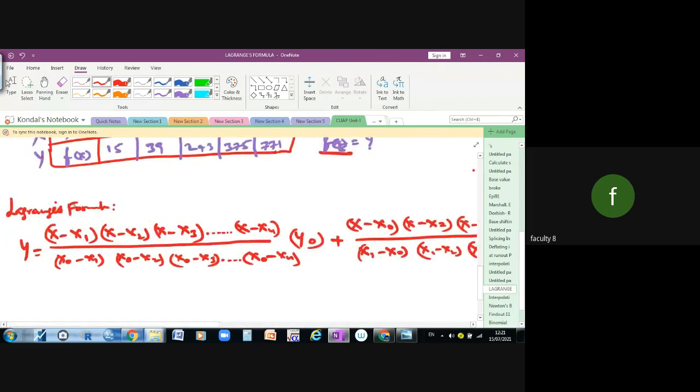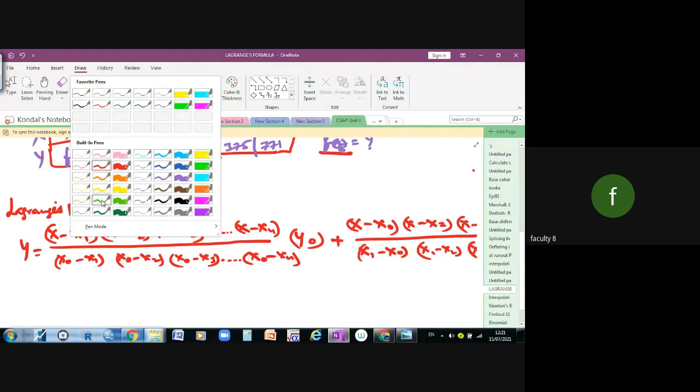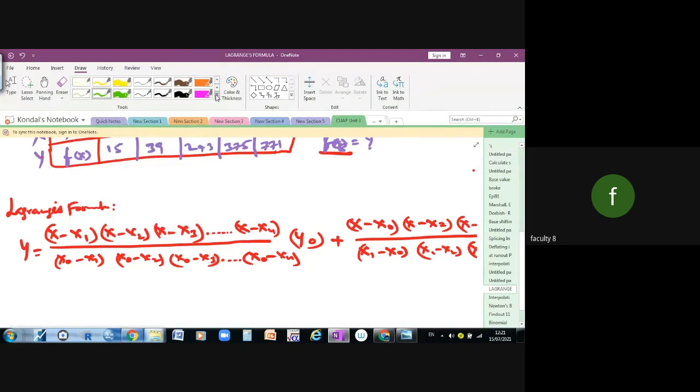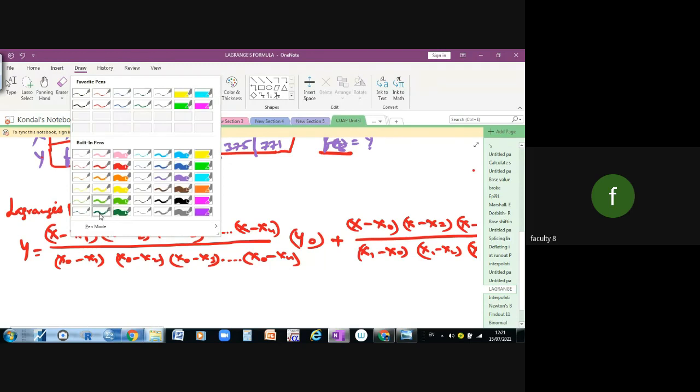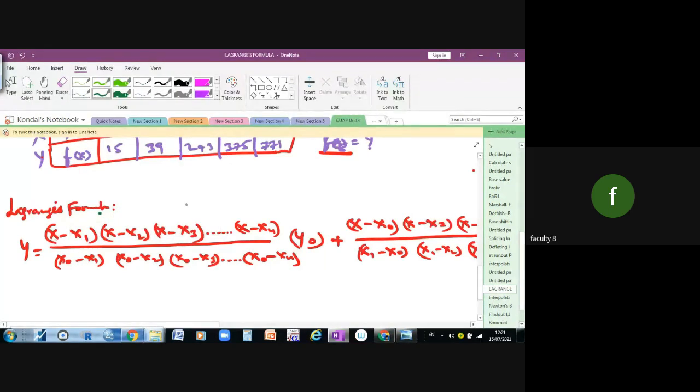So here you need to identify what x1 and x2 are. See here, as you know, x is given as 5. So as you know x1, x2, x3, x4 go on like that.